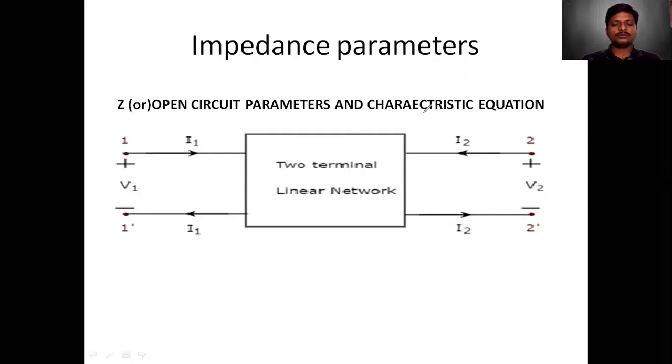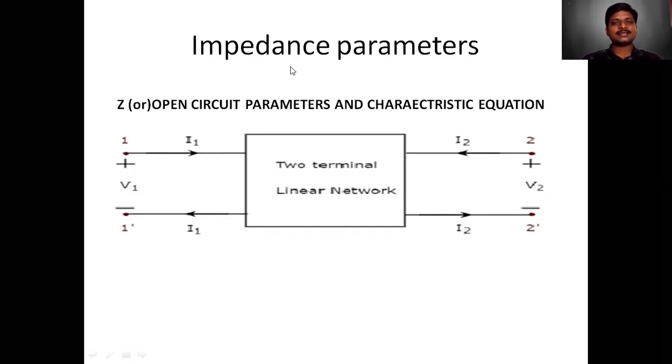Okay. Now, in order to understand these impedance parameters, we are going to express input voltage V1 and output voltage V2 in terms of impedances with the help of currents. So they are called as characteristic equations.